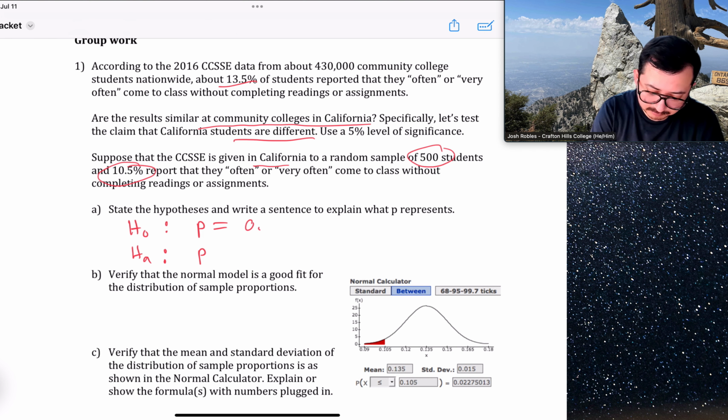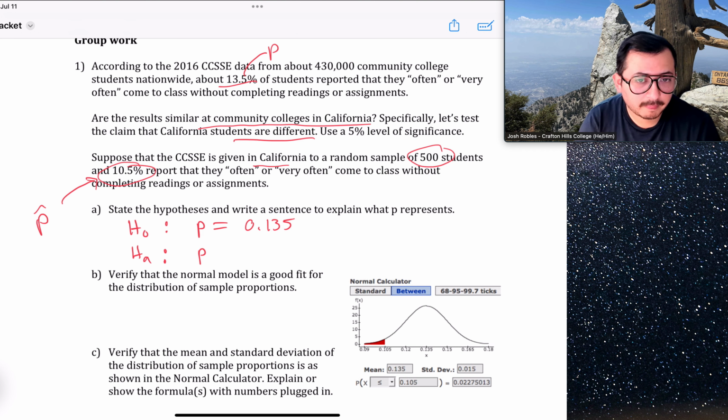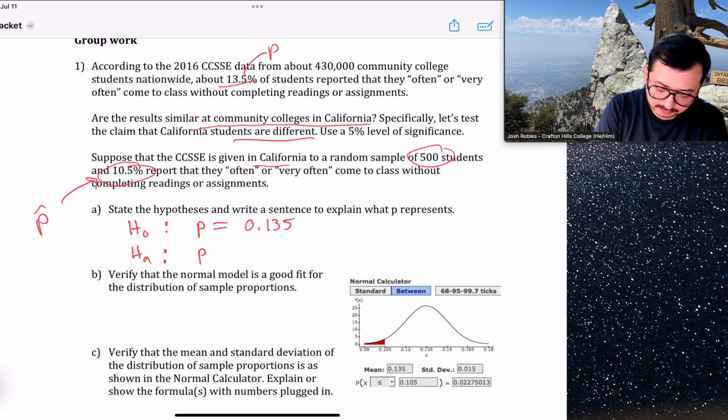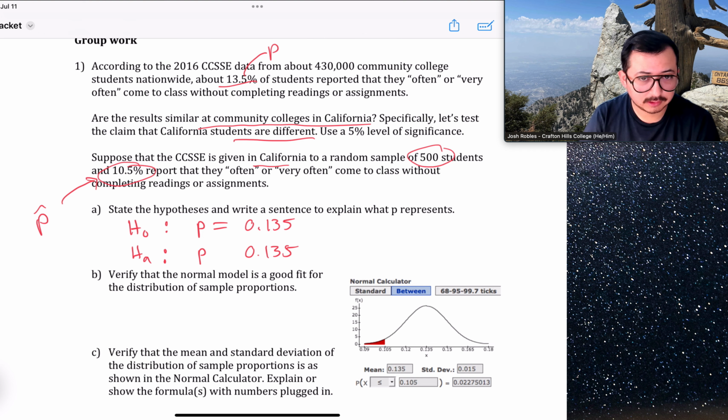So 13.5% is p. The 10.5% is p hat. And so we were asked to compare that it's different. Once we know what the number is for p, the population proportion, then we fill that in.